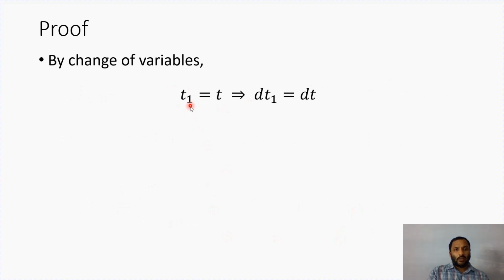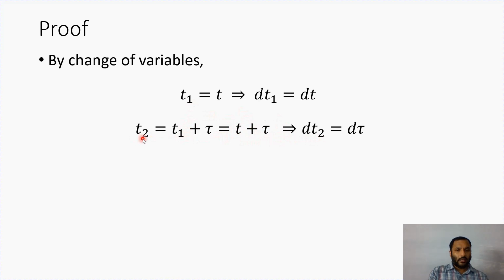Therefore dt1, the differential of t1, will be equal to dt. Similarly, t2 is substituted for t1 plus tau, or t2 minus t1 is equal to tau. Now this t1 is equal to t, so we have to replace that.